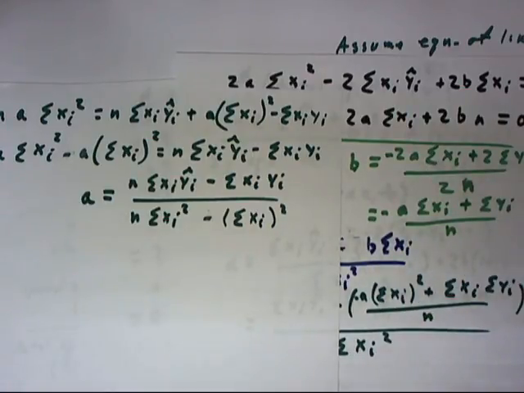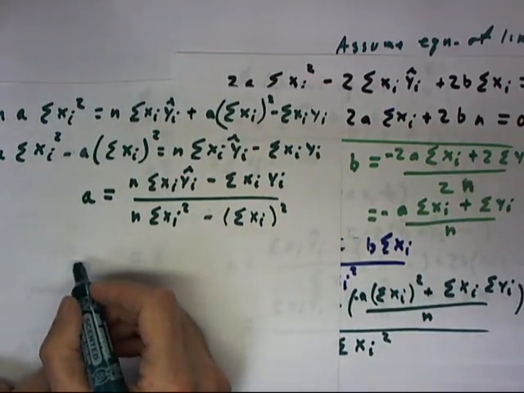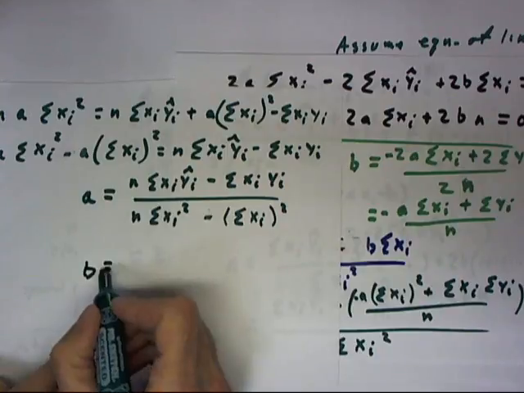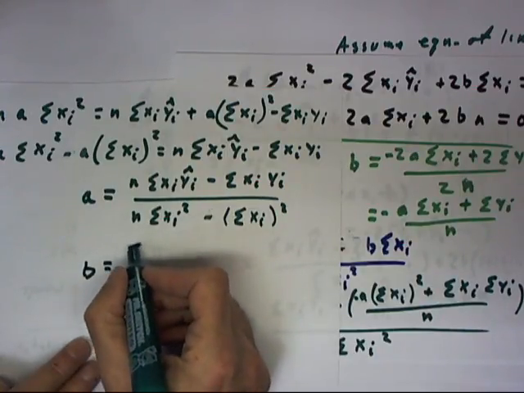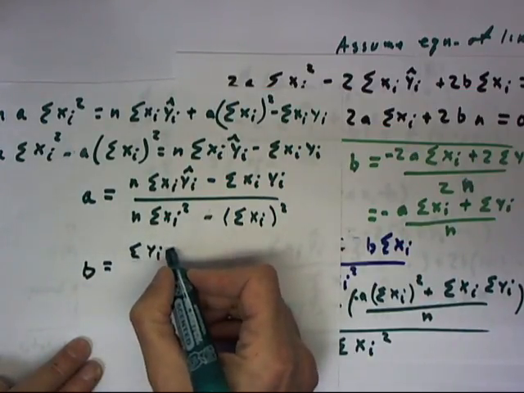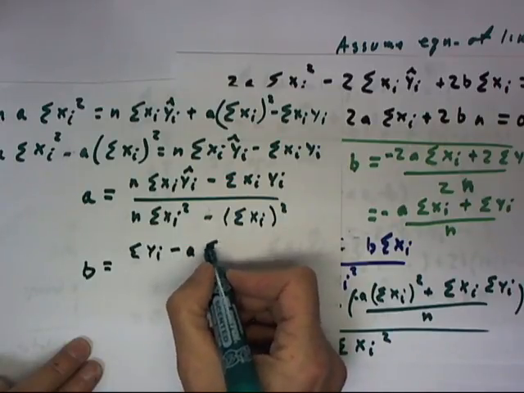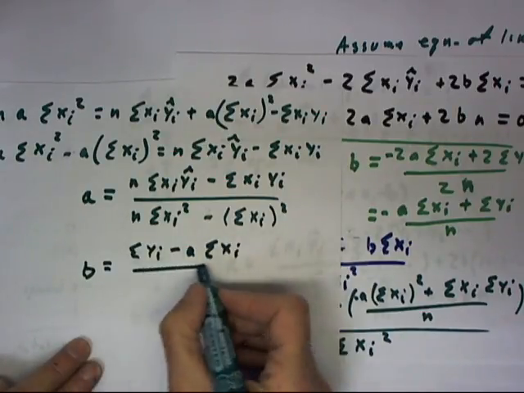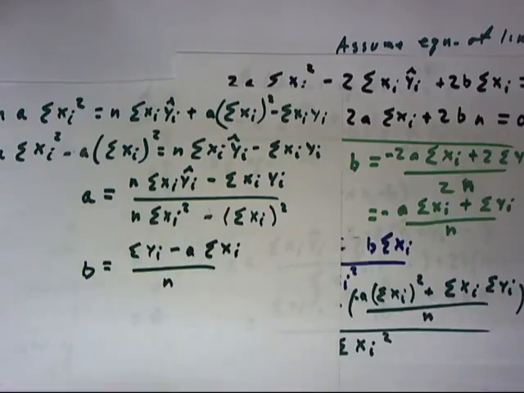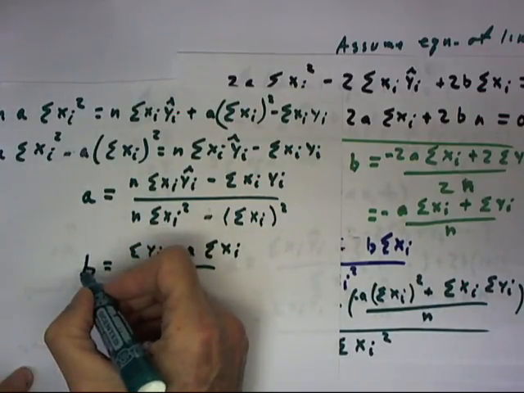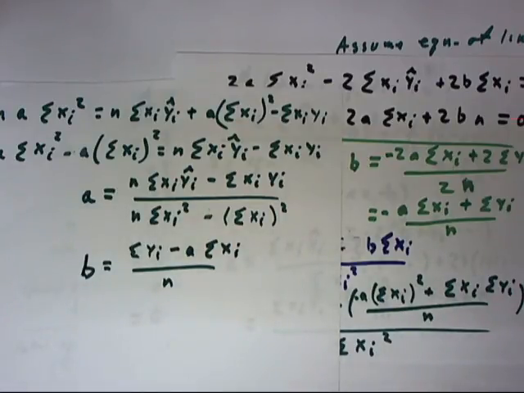And the formula for b, which we obtained here, was that b equals the sum of yi minus a times the sum of the xi, divided by n.